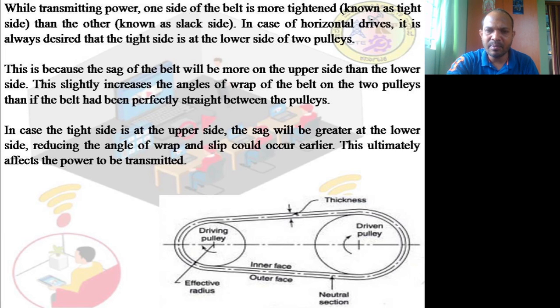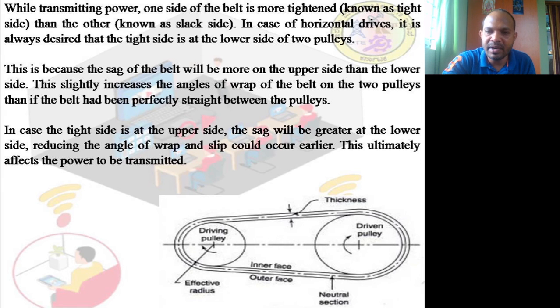But when it passes through the driving pulley and comes away from the physical contact, it becomes the slack side. So it just relaxes. It has been extended a little bit and then it relaxes.